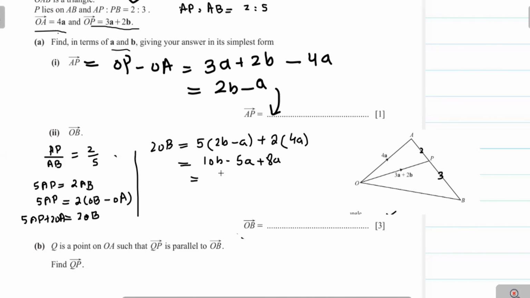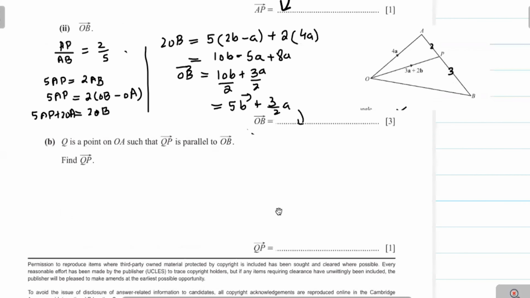This will be equal to 10B plus 3A, and OB will be equal to 10 over 2 and 3 over 2, which is 5B plus 3 over 2 A, and this is the value of OB.